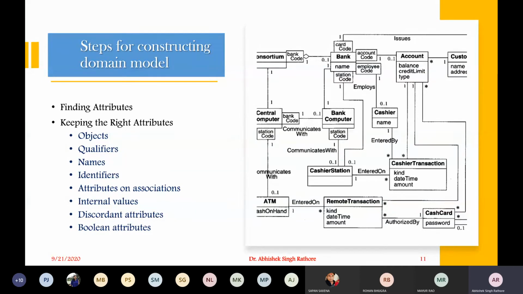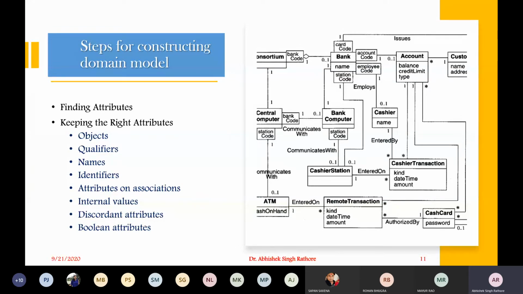Instead of including it as an attribute in your model, we can include it in your state model, which reflects the dynamic behavior of your information system. This is how we can eliminate internal values from your domain model.